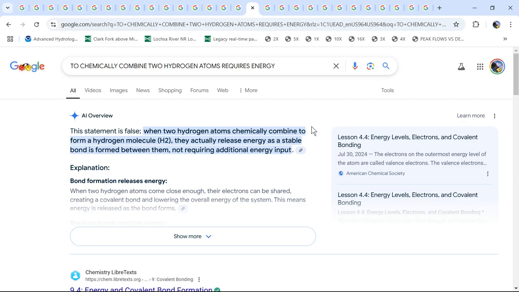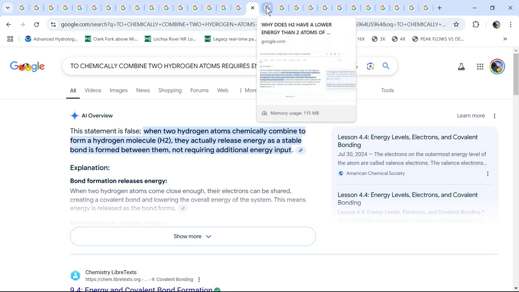I have a proton and an electron here. That's a hydrogen atom, and I have a proton and an electron here, and they have an energy related to them. Even though the electron's in the lowest orbital, they're in their lowest state of energy. But when I combine them, they actually mesh together so well.